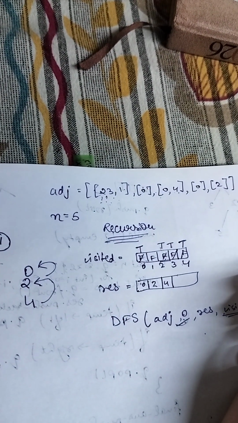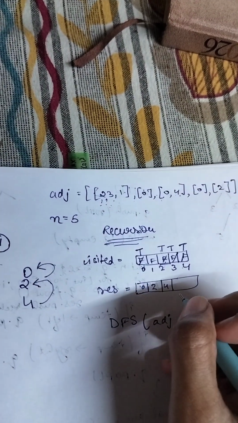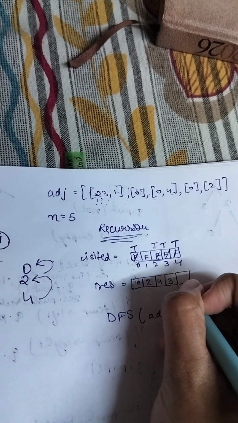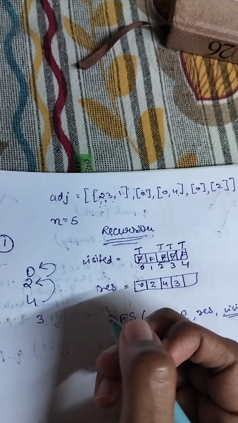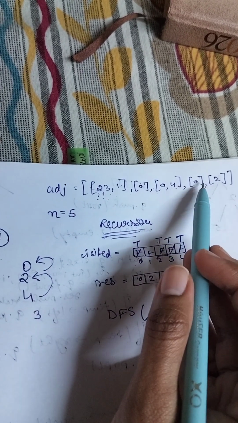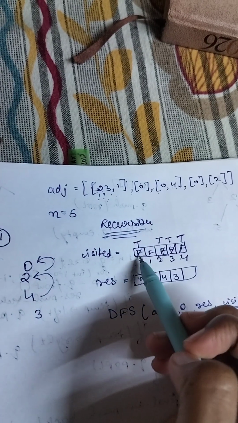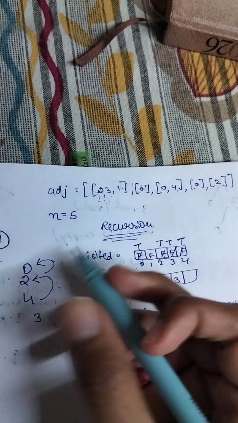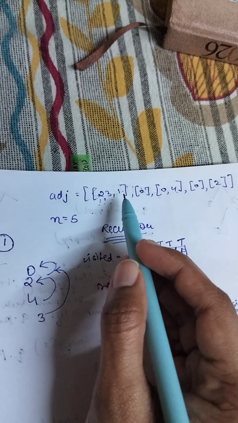Okay, I made it true. Now I am going to add this also here in my array list. Okay, I came to now my 3. 3 is connected with the 0th node, but 0 is already traversed because it's true in the visited array. So I came back again to 0. Now here 1 is there.